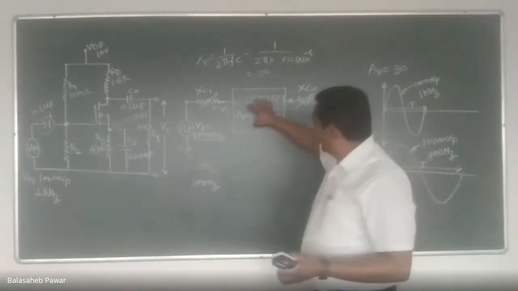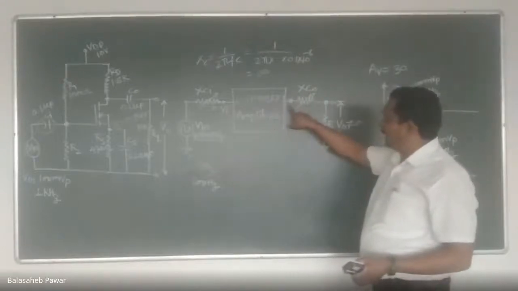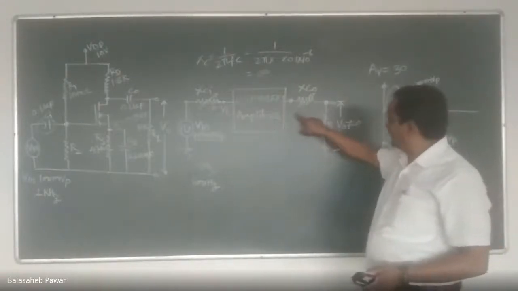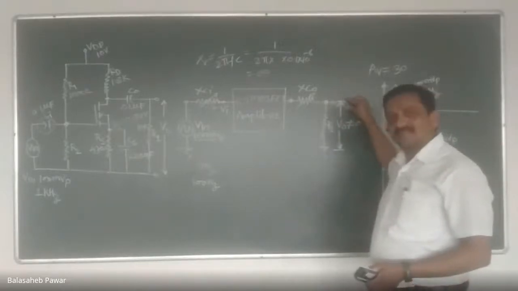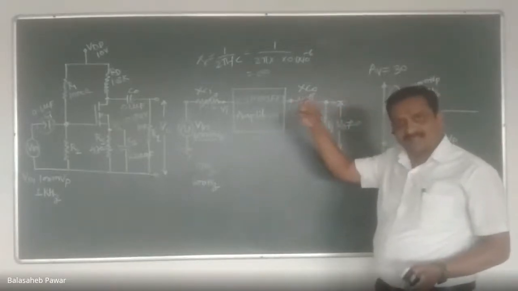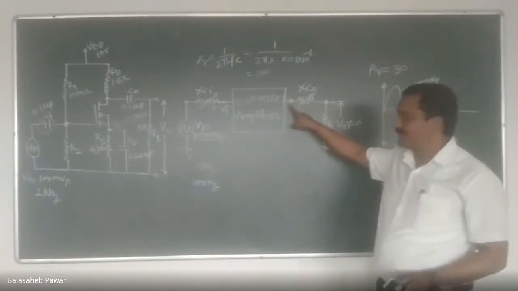So 30 times the actual applied Vi will appear over here, and again through this resistive path, the net obtained output voltage will be somewhat less than that obtained at the output terminal of that amplifier, right?